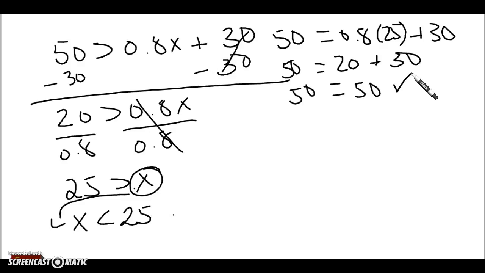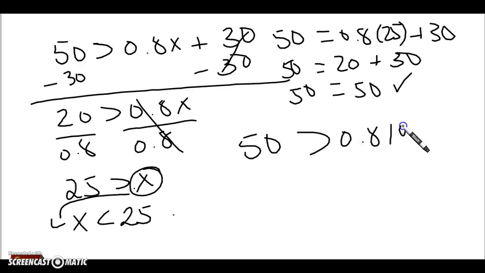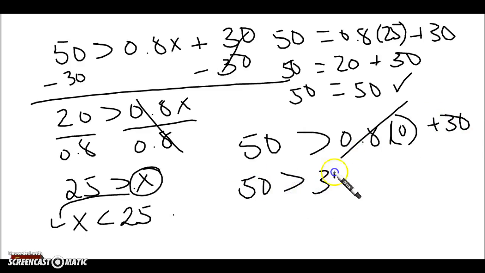So it is x is less than 25. 0 is so tempting. I'm going to do 0 again. Why not? So 50 is greater than 0.8 times 0, because 0 is less than 25, so it can be part of my solution. That crosses out. 50 is greater than 30, and that is in fact true. So I hope that this helps.